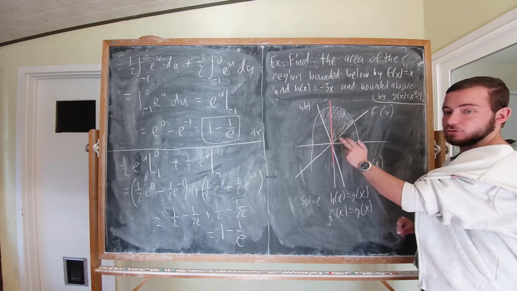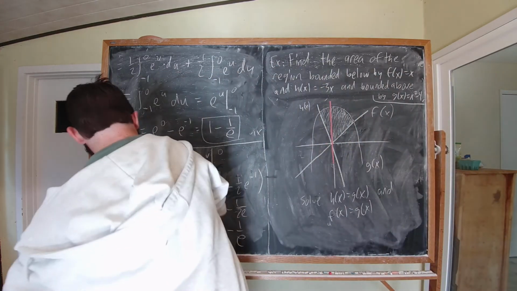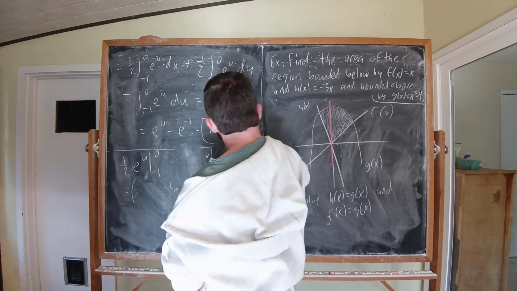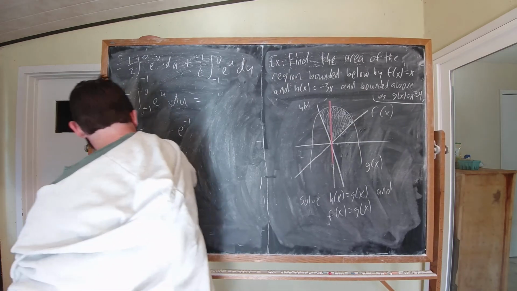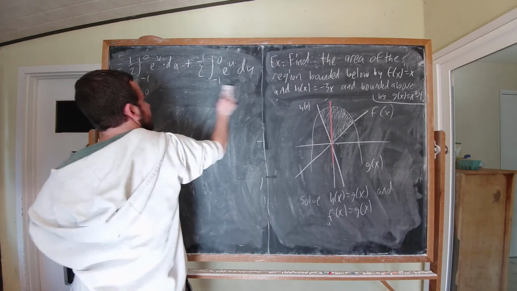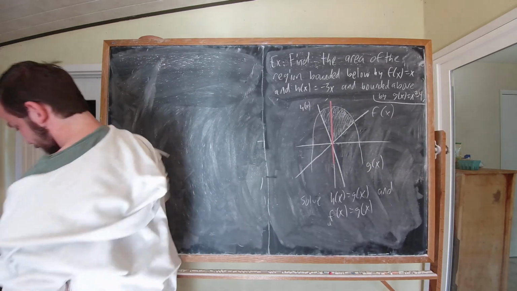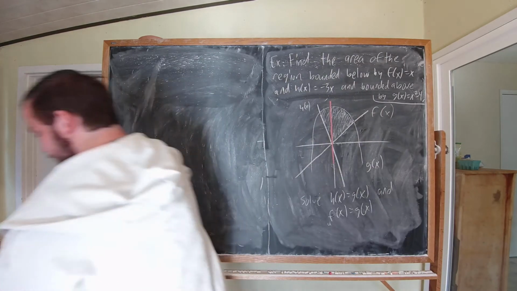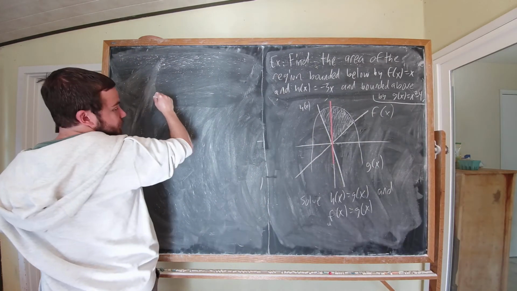F of x equals g of x will give us those 2 points. Alright, let's compute some intersection points.